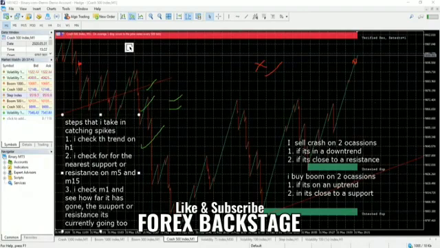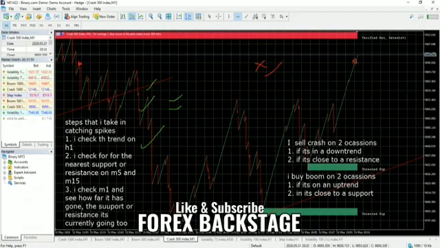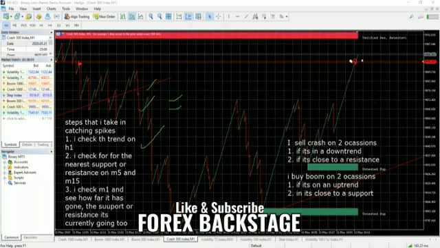See, it was because of here. Simply here. That was why it spiked. See, it's not something magical. It's just your experience and what you've been seeing.